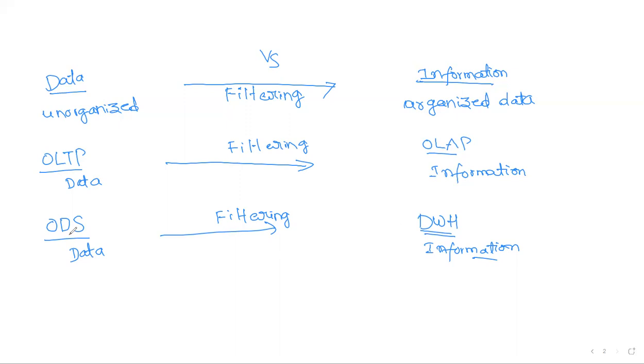So that is simply I can say DWH, data warehouse concept. So remember, data warehouse is a concept to get a structured data or an organized data from unorganized data. So generally I said already, organized data can be called as information in this case.